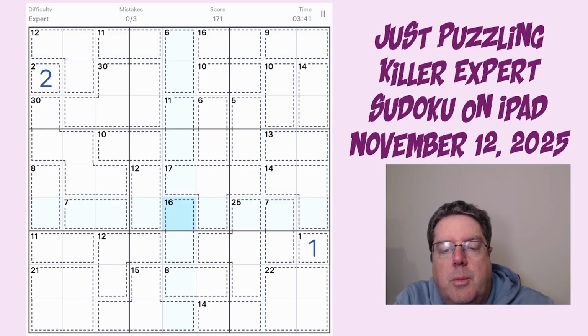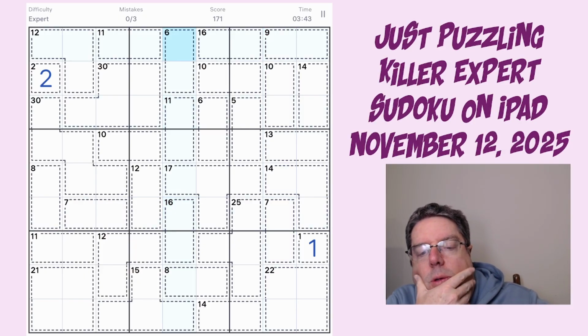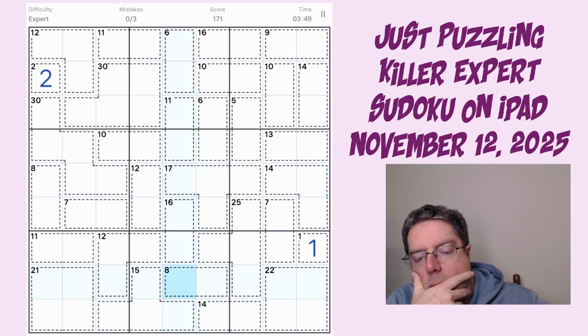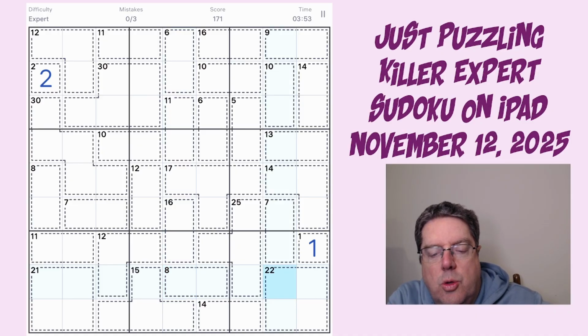So 16 plus 11 is 27 plus 6 is 33. So to get to 45, these 3 must add up to 12. Let's just add it. 22 plus 14 is 36, plus 8 is 44, 59, 60, 80. So these 2 add up to 10.